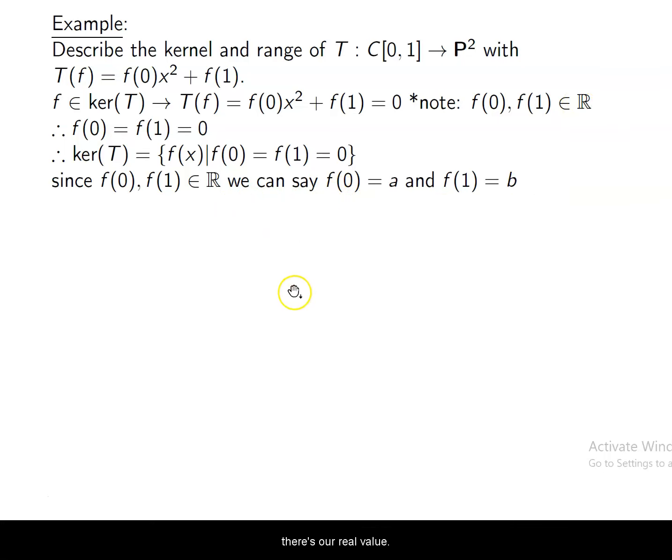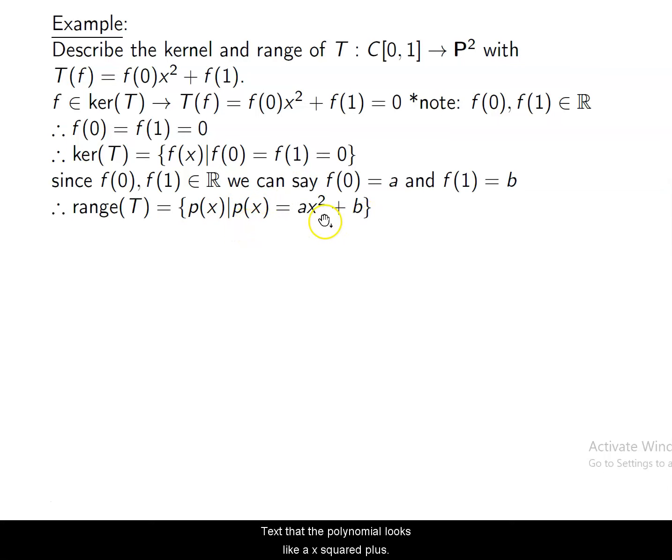Those are real values. So the range of T is the set of polynomials such that the polynomial looks like ax squared plus b, right? Those are all the things in the range.